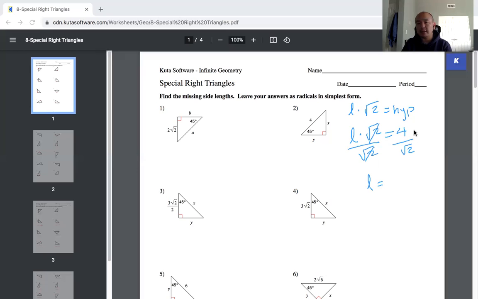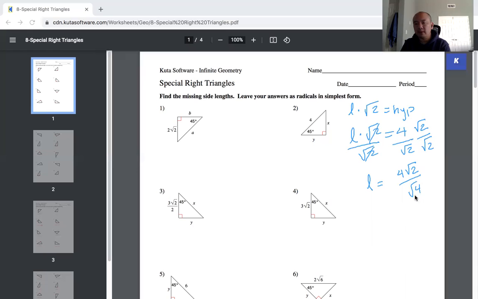The way you rationalize it, in this case, is you multiply the top and the bottom by radical 2. By multiplying the top and the bottom by radical 2, you're essentially multiplying by 1, so you're not really changing the value. You're just getting rid of the radical in the denominator. So this is 4 radical 2 over radical 4. Oh, but you said that we get rid of the radical.